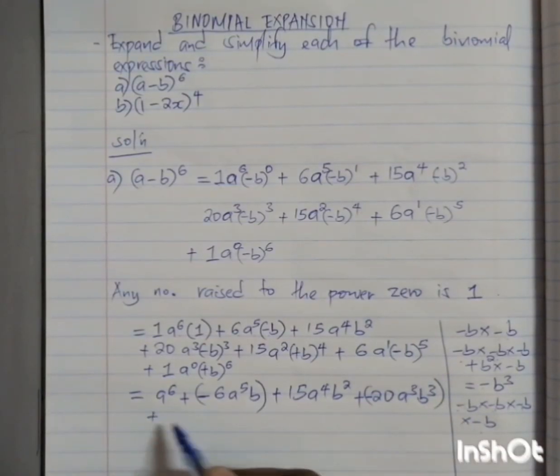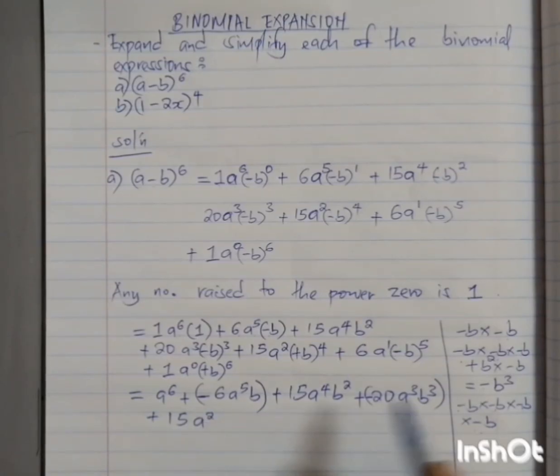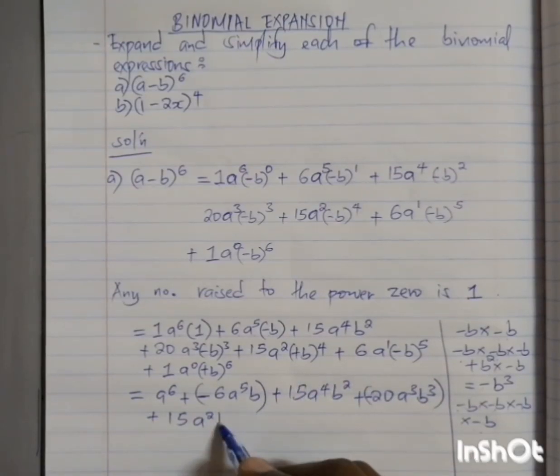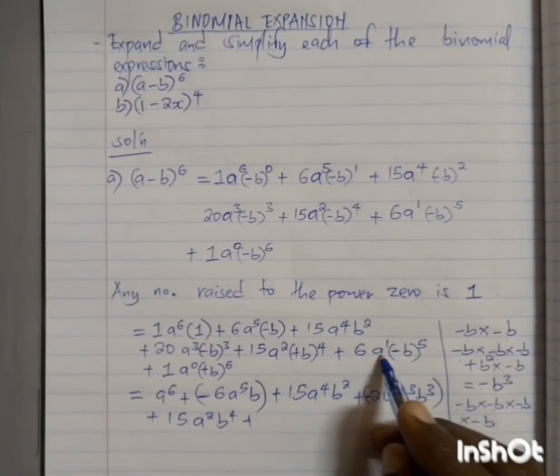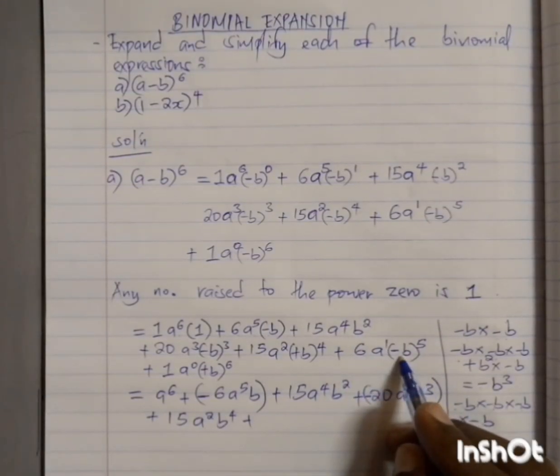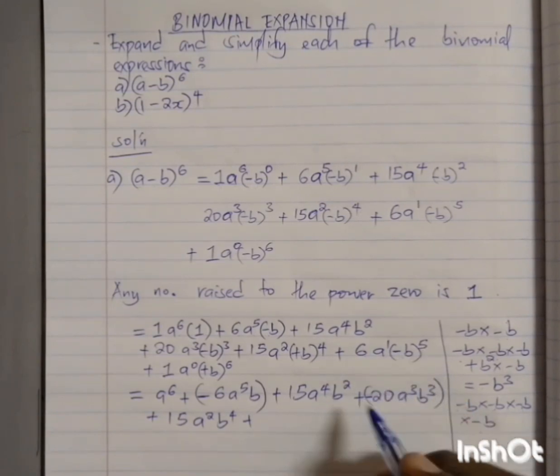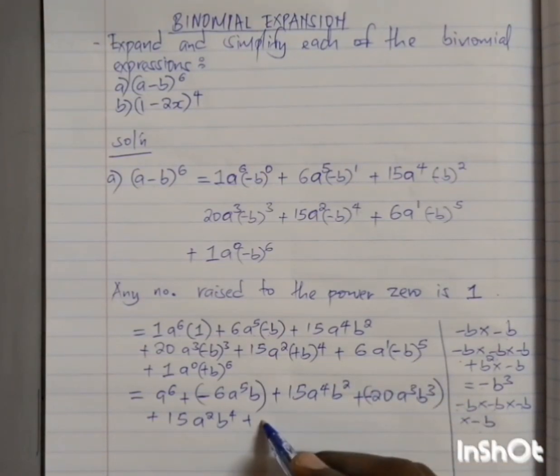And then we have plus 15 a squared b to the power 4, plus 6 multiplied by a to the power 1 times minus b to the power 5. This minus we can write in front.